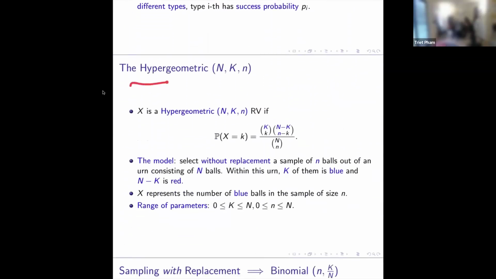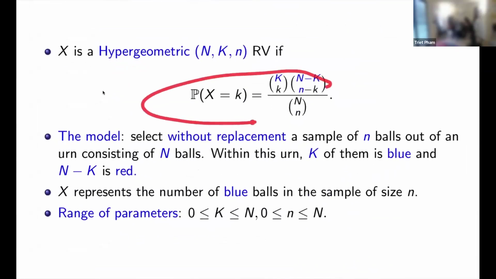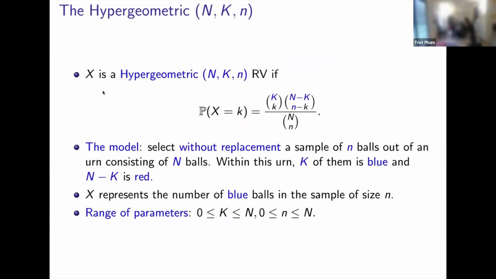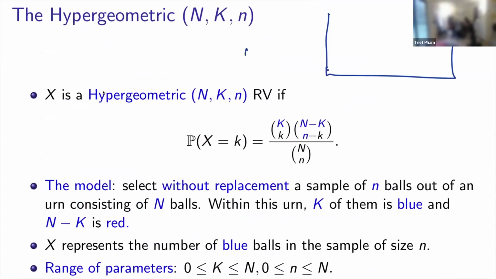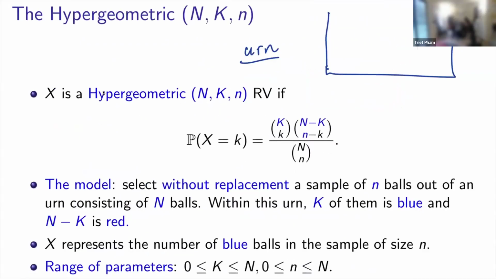All right, so the next one is the hypergeometric. First of all, this is the mass function. And this is the model. The model is pretty simple. It's the good old urn that we usually deal with, where K of them are blue, and the remaining ones, let's say red.